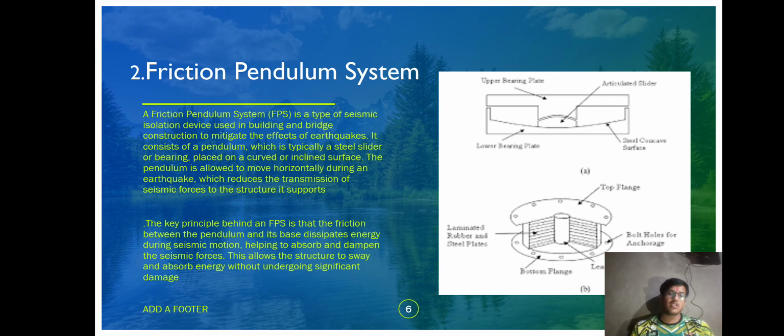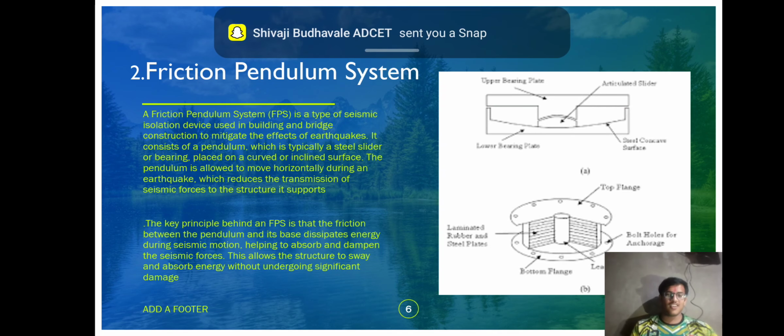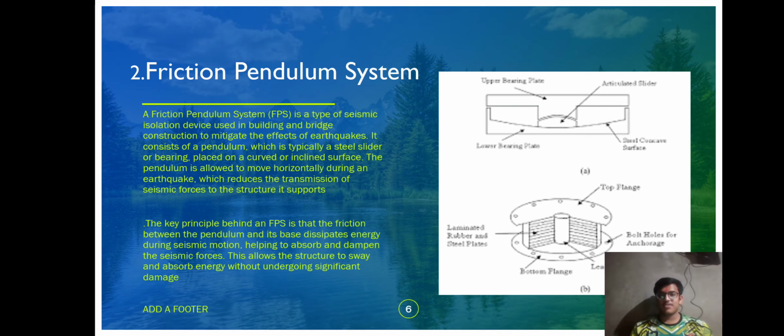The key behind the FPS is that the friction between the pendulum and the base dissipates energy during the seismic motion, also absorbing and damping the seismic forces. This allows the structure to absorb energy without undergoing significant damage. This is the diagram of friction pendulum.